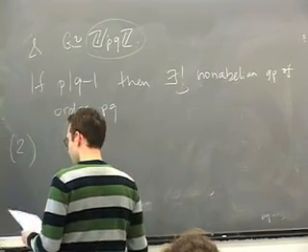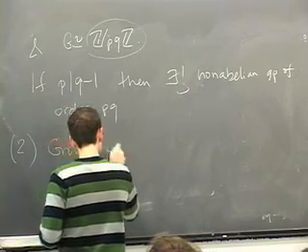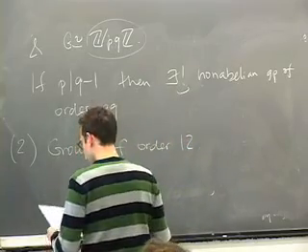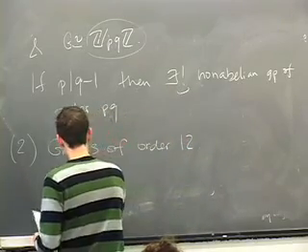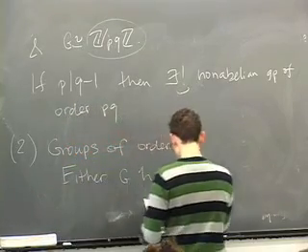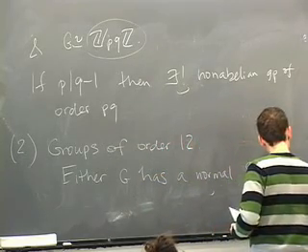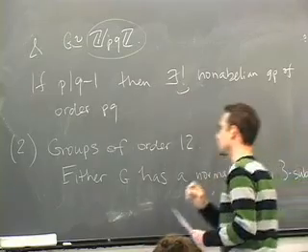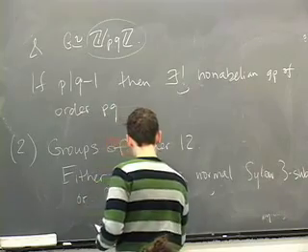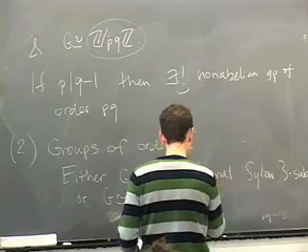So the second thing that you read about in the book is groups of order 12. With groups of order 12, you can show that either G has a normal Sylow 3 subgroup, or G is isomorphic to A4, which has a normal Sylow 2 subgroup, so this is good.